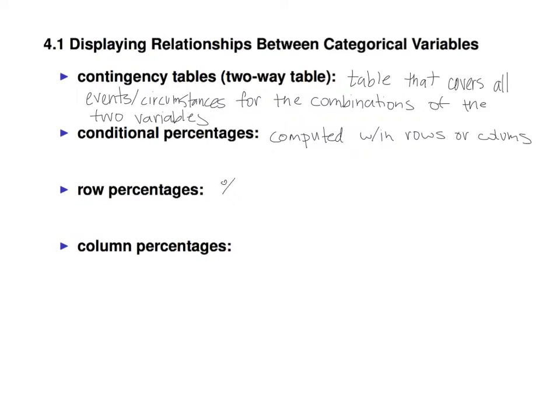So this is a percent of a given row, where rows go across. A column percentage is a percent of a given column, where columns go up and down. And what those things mean is going to depend a lot on the context of the situation, like what are the specific things we're looking at.